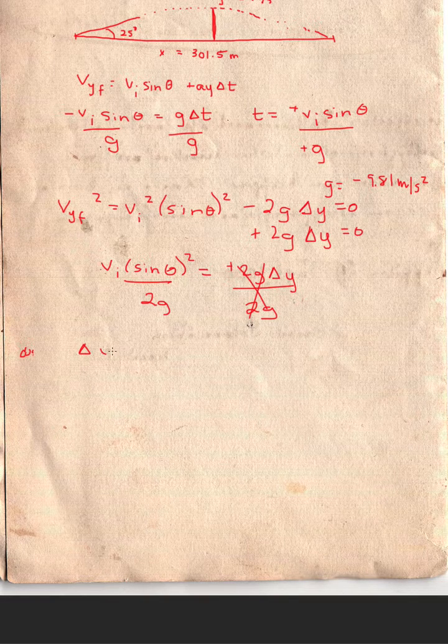Delta y is equal to my initial velocity, which we found before was 87.9 squared. Oops, I left a square off. Squared times the sine of theta squared, and the theta here is 25. 25 squared, all divided by 2 times 9.81.